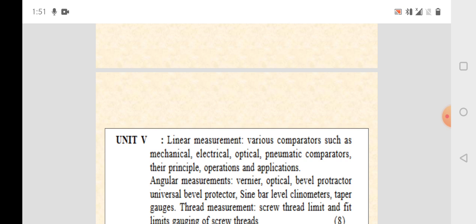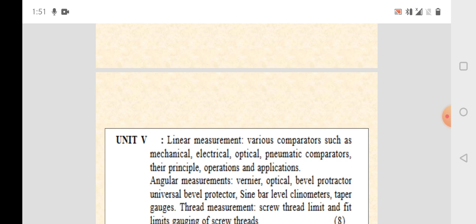So that is what comparators are. It compares the unknown dimensions of a part with some standard readings or the basic size, and the dimensional variations from the basic size are amplified or magnified and measured.